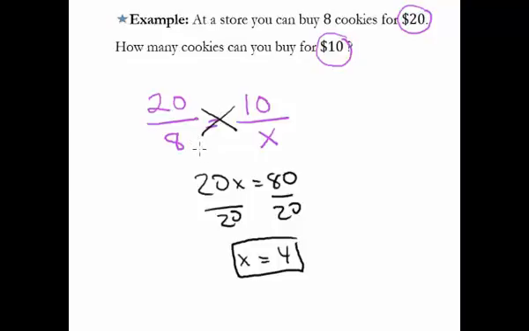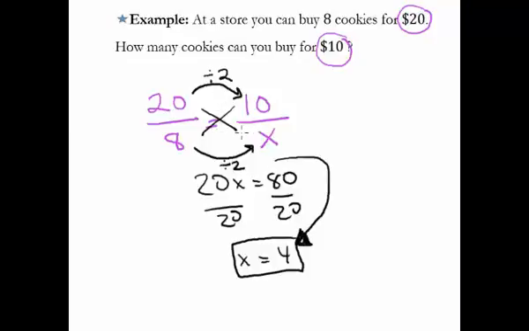Sometimes it makes sense to reason just the same way you reasoned initially, by saying that if I go from 20 to 10, what am I doing? I'm really dividing by 2. 10 is half of 20, so 8 divided by 2 better be 4, and indeed it is, right? So that's sort of the power of proportions.